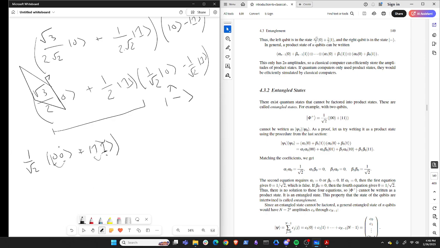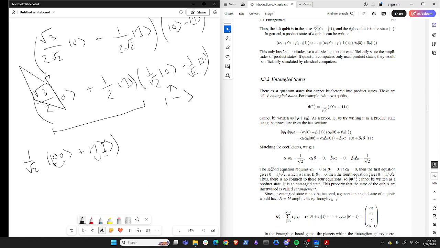So I won't necessarily write this out, but basically when they do the same process that we did up here, they wind up with some impossible situations. So either A1 or B sub 0 needs to be 0. But if A1 is 0, then this makes no sense.